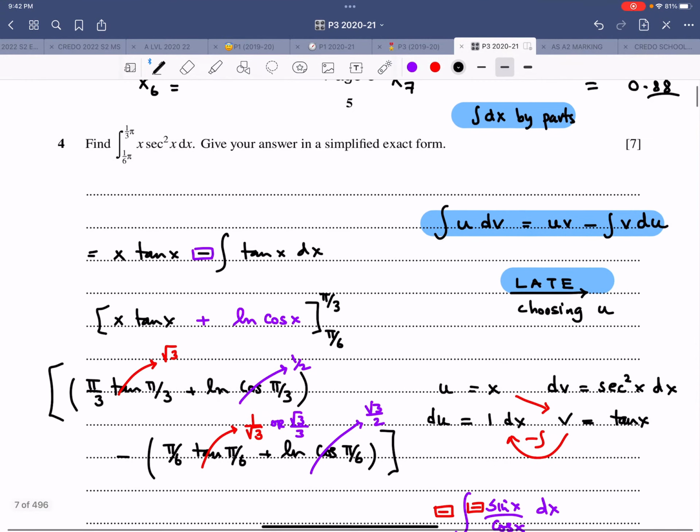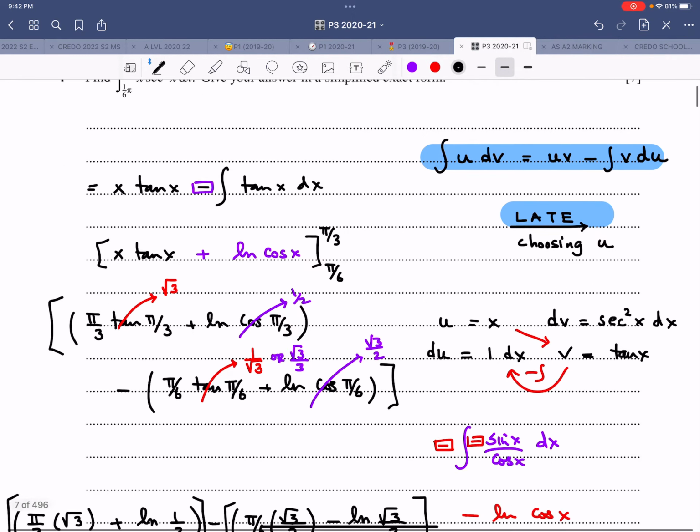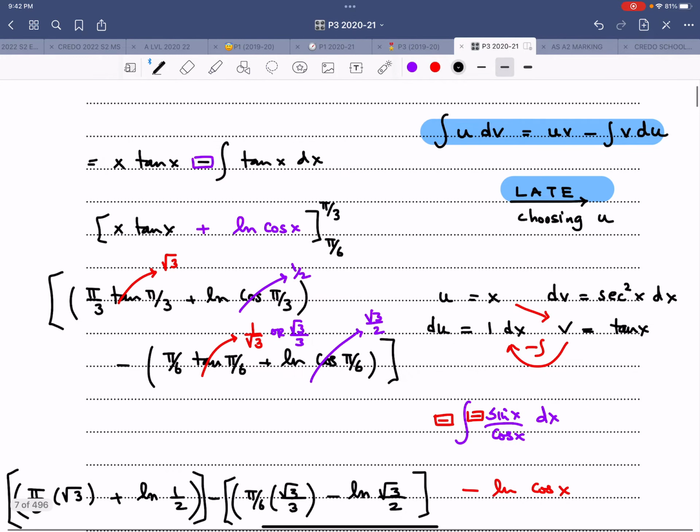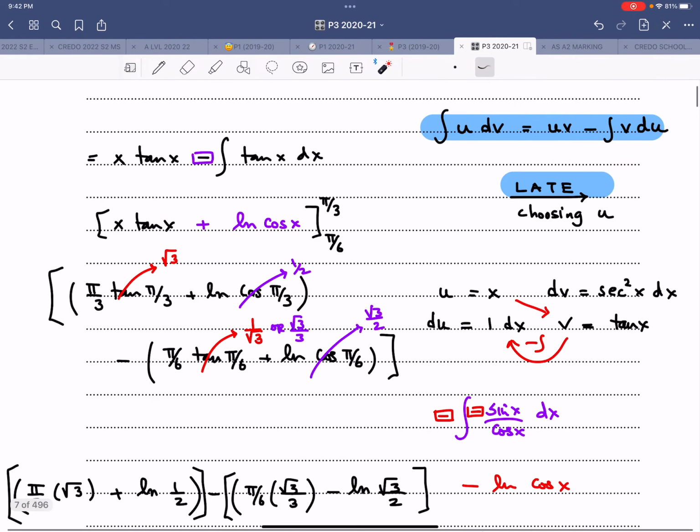Now, let me just double check all my working because the answer is not given there. X tangent x, that makes sense, minus integral of tangent. Integral of tangent is minus ln cos x, so therefore there is a plus sign because of this minus and this minus. That becomes plus ln cos x. Pi by 6 was lower, pi by 3 was upper, that makes sense. X tangent x, pi by 3 tangent of pi by 3, and this is ln of cosine of pi by 3.